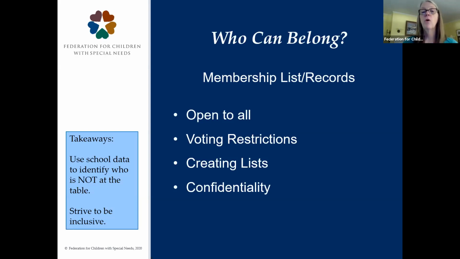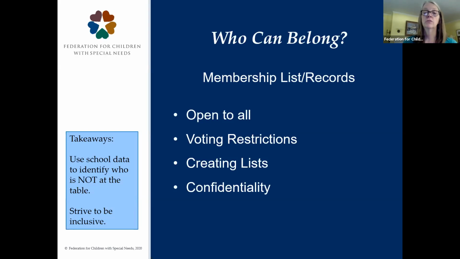Parents of students of all different ages. That's from early intervention, preschool, early childhood, lower elementary, middle school, high school, and the 18 to 22 population. It should also include students and families who might be in an out-of-district placement, because that involves the whole body of the parents that are represented who are receiving services in your district.